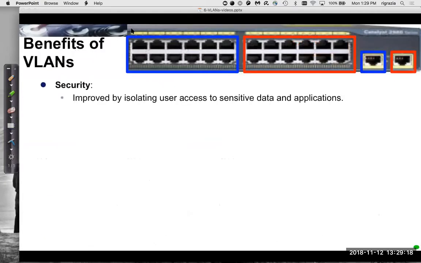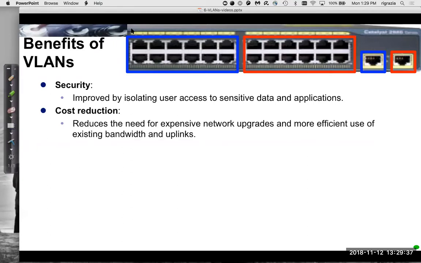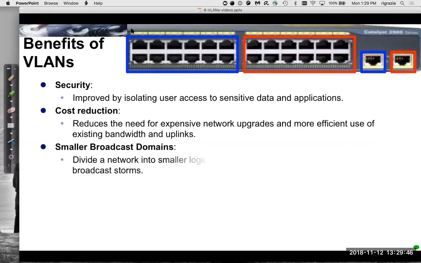Okay, so VLANs help us with security. We can isolate different parts of our network, sensitive data and applications from each other, so there's no possibility of unknown unicasts being flooded out and somebody seeing something they shouldn't. We'll see how it can help with cost reduction: it reduces the need for expensive network upgrades, and gives more efficient use of the bandwidth and the uplinks.